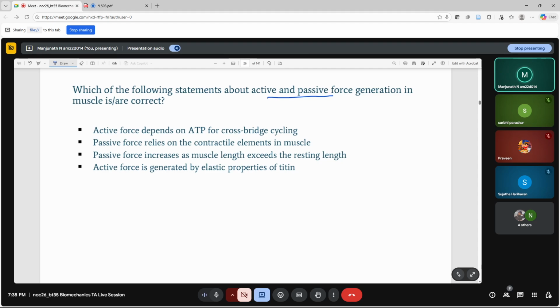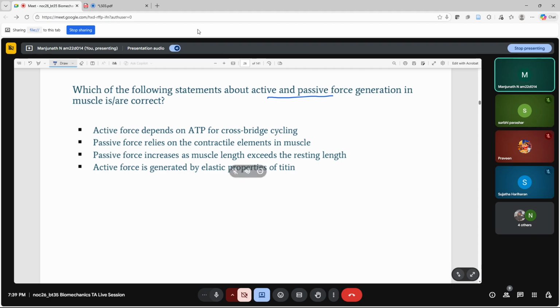Active force is the force generated by muscle, what we have discussed now, that is the actin myosin cross bridge interaction doing a contraction. And what is a passive force? Passive force is the force developed without this actin myosin cross bridge formation, only when the muscle is stretched, without active contraction.